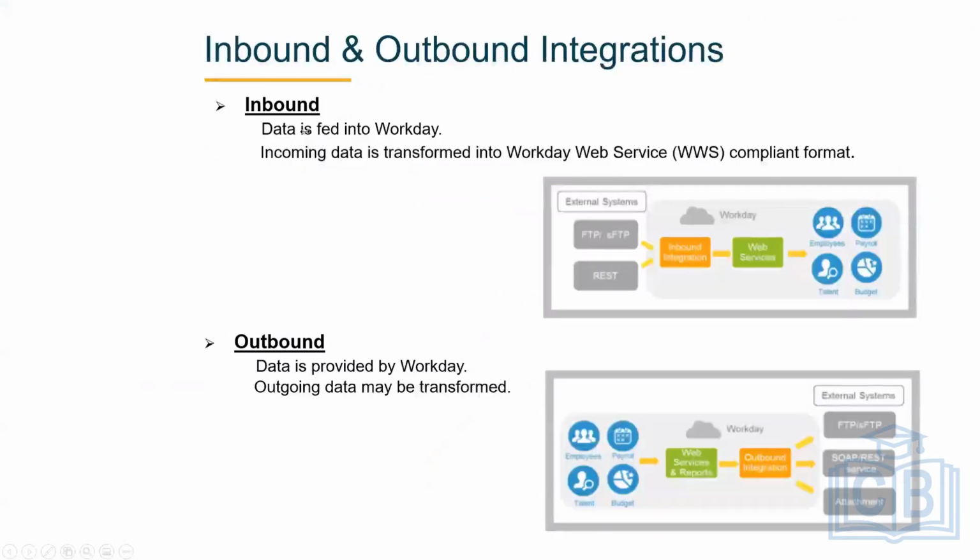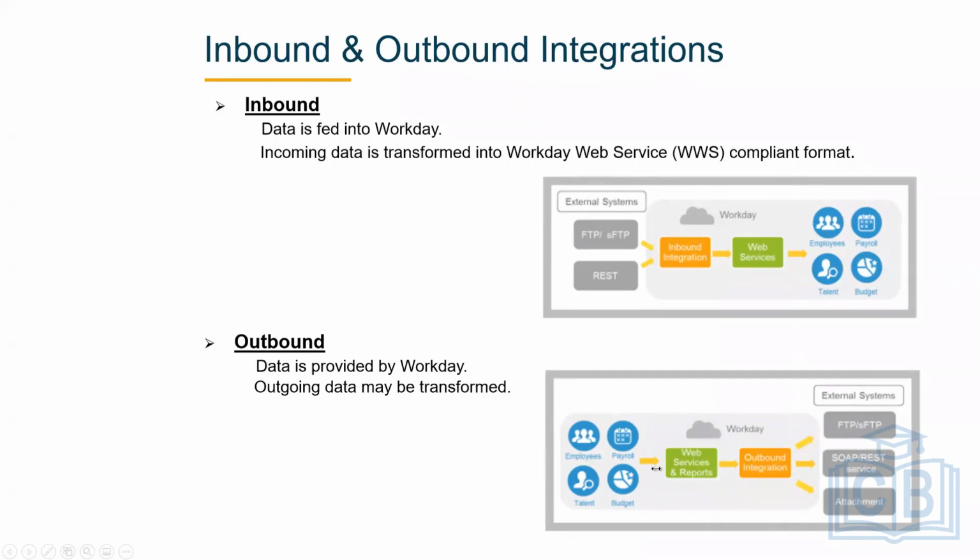So far, what we have seen is the inbound from EIB. We can also pull the data from REST as an inbound integration using the web services for the particular functional area like employees, payroll, talent, and budget. We can ingress the data into Workday.